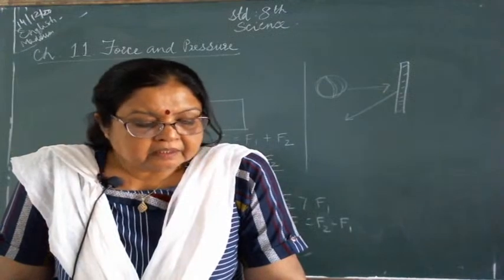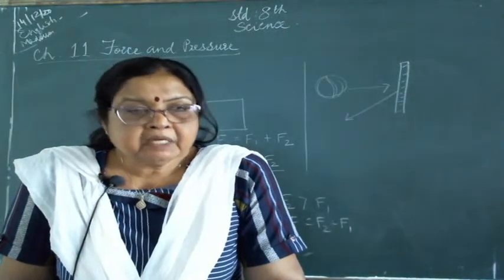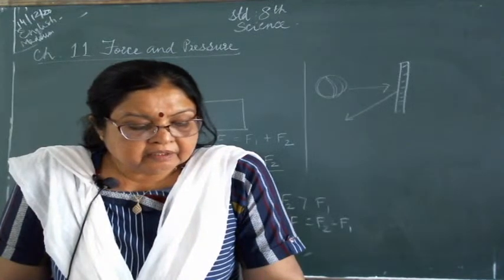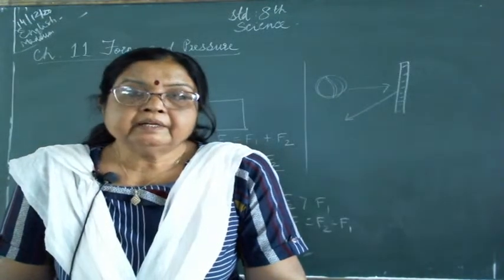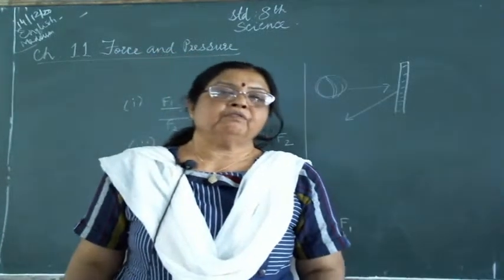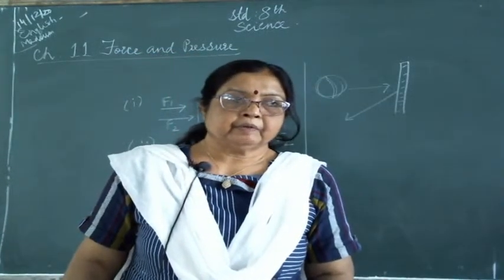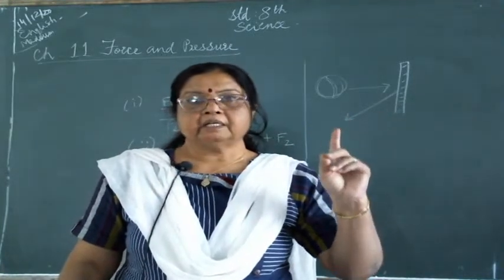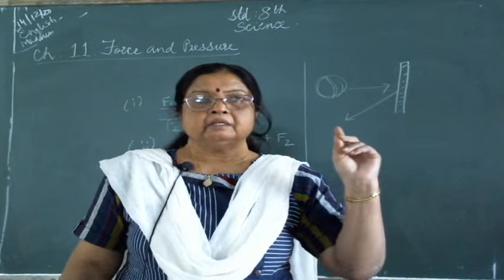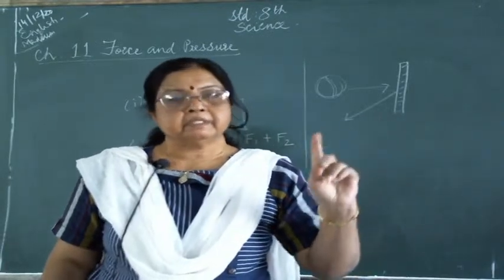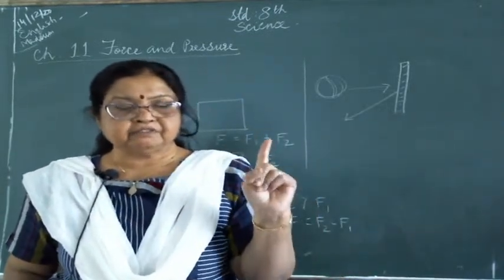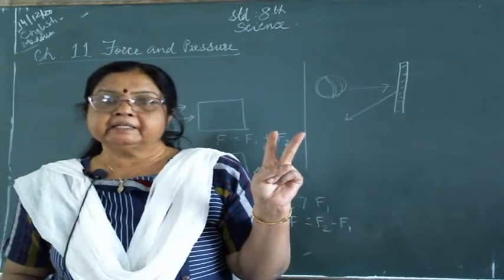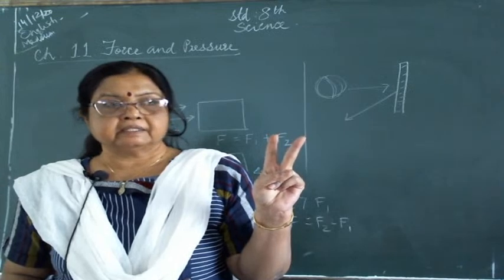So, here you have one question to write in your CW. What are the different effects of forces? When you apply force, first, a stationary object becomes moving. A moving object becomes stationary. So, the state is changed first. Second, the speed changes, either increase or decrease.